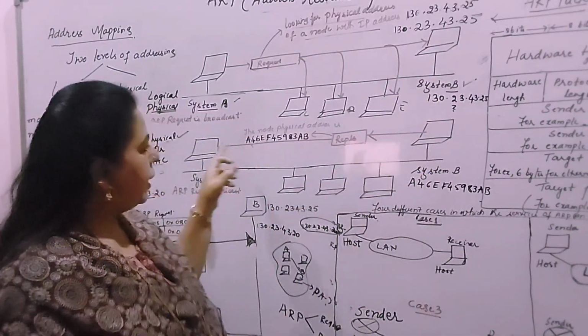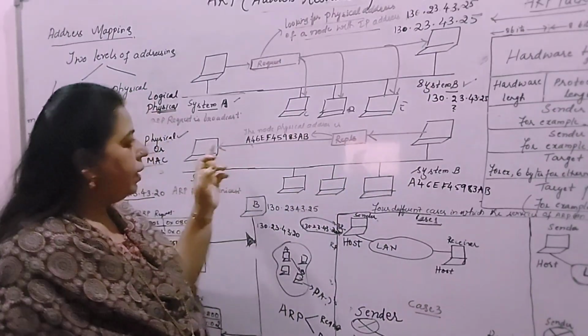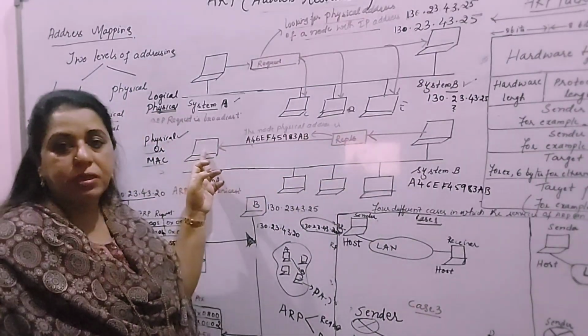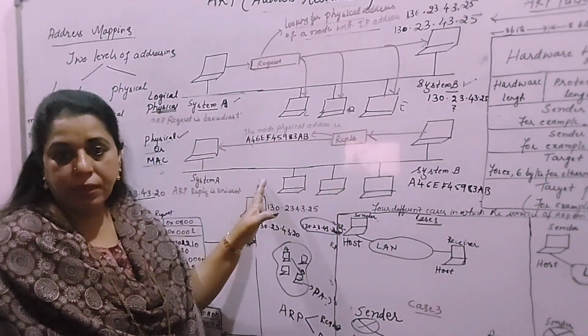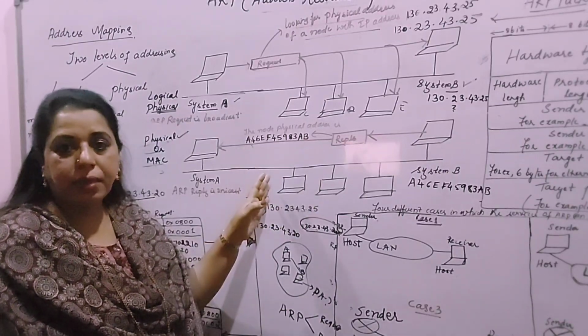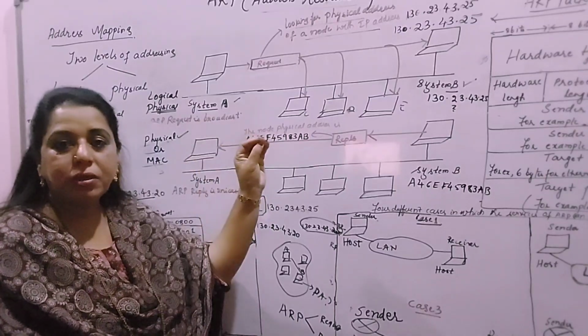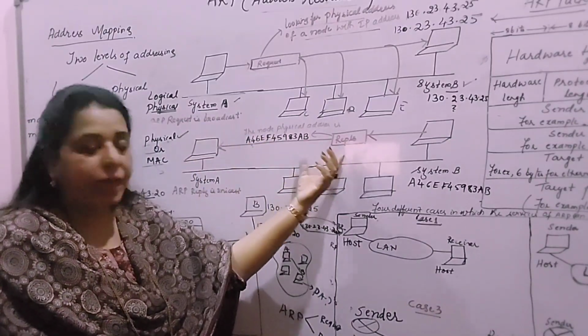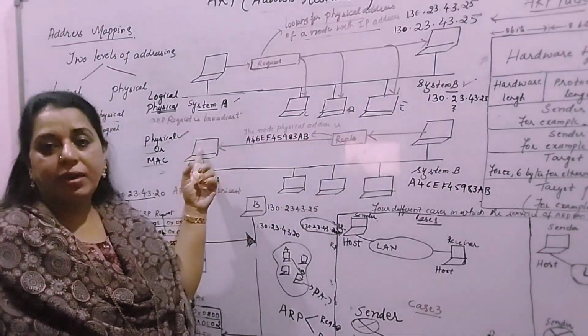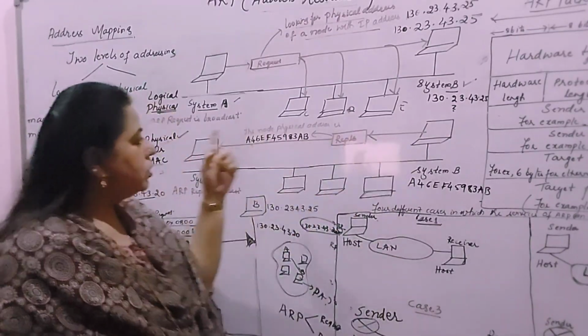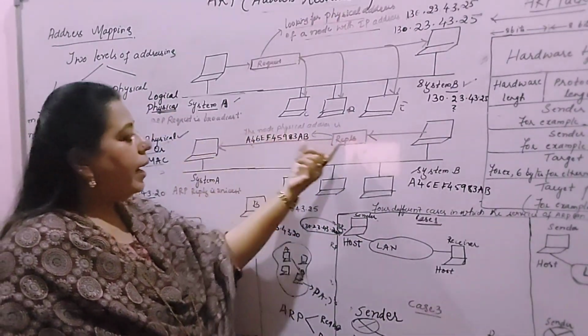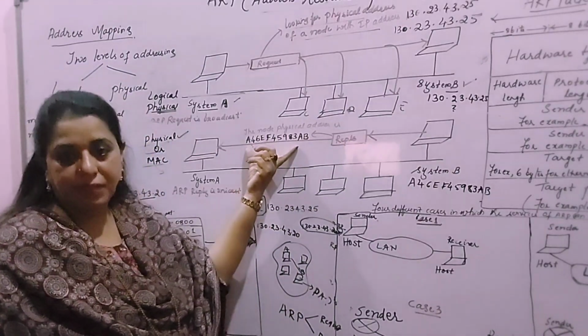But the reply is unicast. Unicast is one-to-one. It is sent directly only to system A, not to other hosts in the network. It is not a broadcast reply, whereas the request is broadcast. The request is broadcast, so all the hosts in the network will receive it. The reply is unicast, only the sender will receive it, because the receiver wants to give the information to the sender, and in the reply it will mention its physical address.